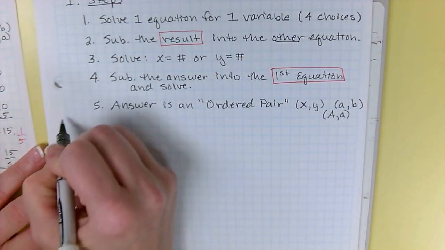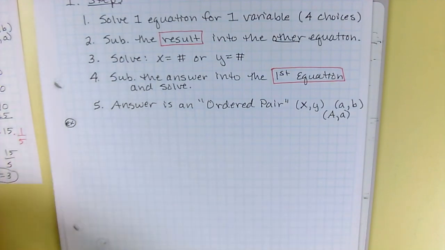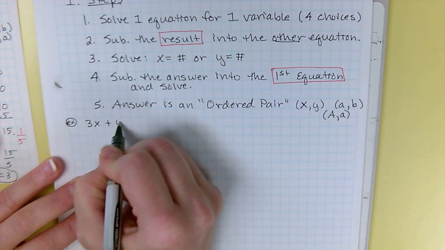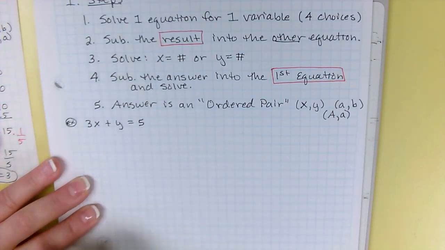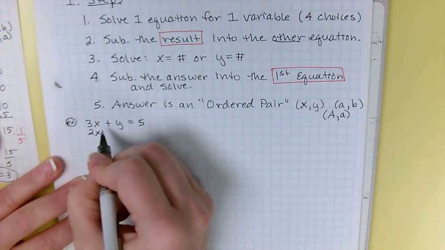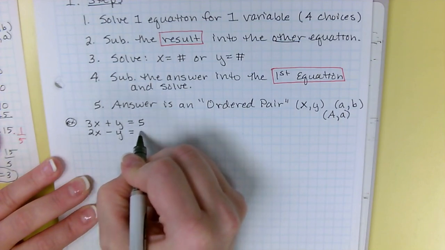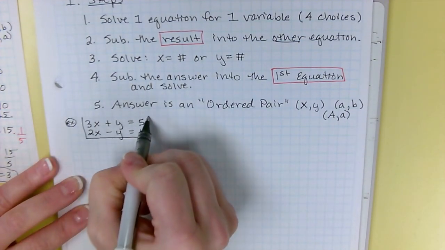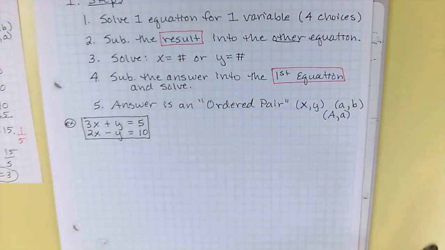Okay, so now we're going to do an example. We're going to do 3x plus y equals 5 and 2x minus y equals 10. When you solve this, you can solve for the first x, the first y, the second x, or the second y.